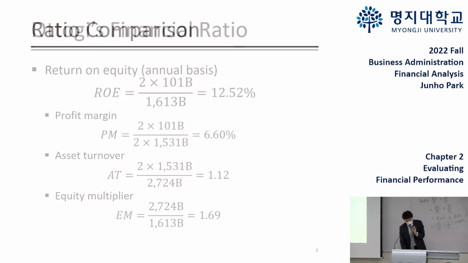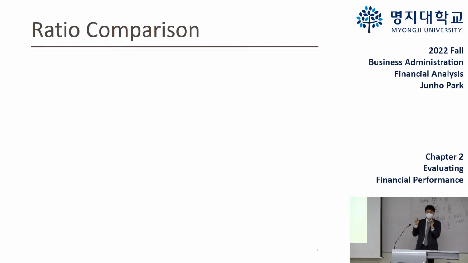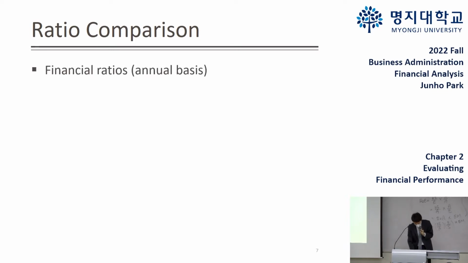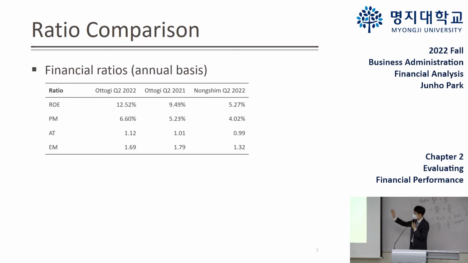I calculate the same ratios for last year, and also I calculate the ratios for Nongsim, its competitor. I did it by looking into the financial statements from last year, and also the financial statements of Nongsim, and I get this as my result.